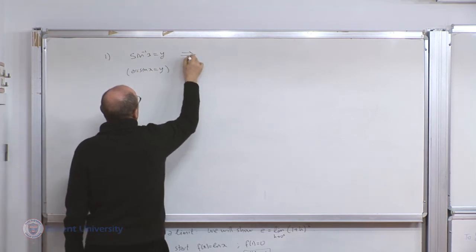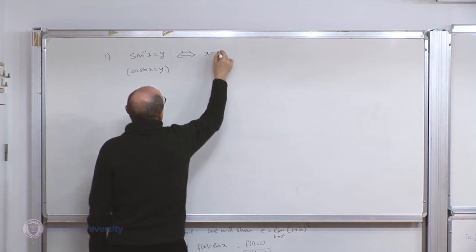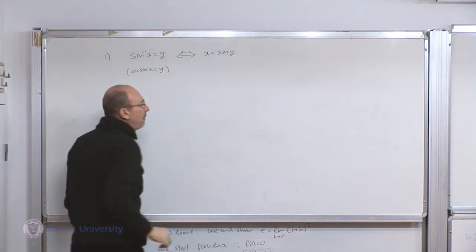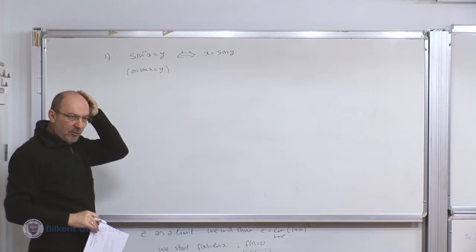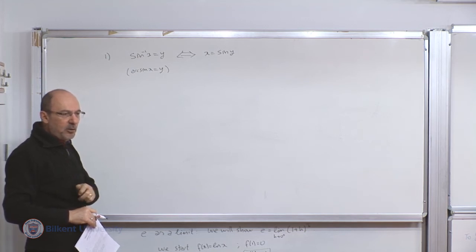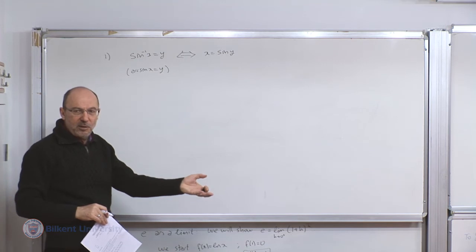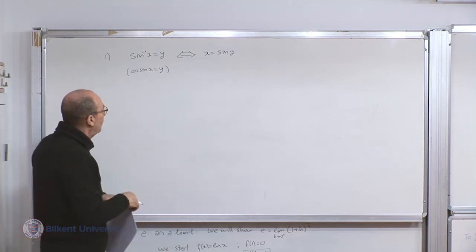This is the same thing as saying that x is equal to sine y. Always remember that we are playing this game in this section to derive integration formulas. So we have to know some derivative formulas, and their inverses with respect to integration will give us new formulas.